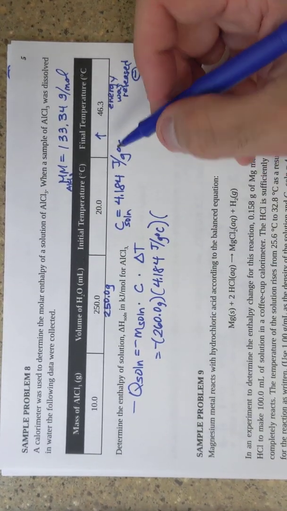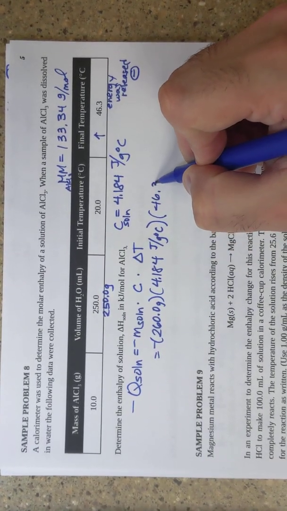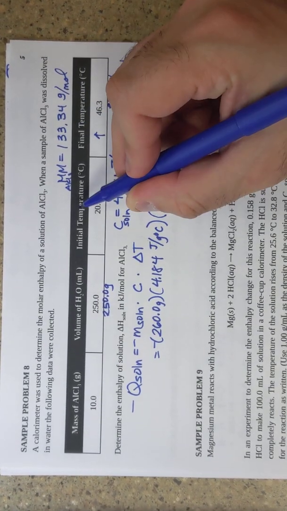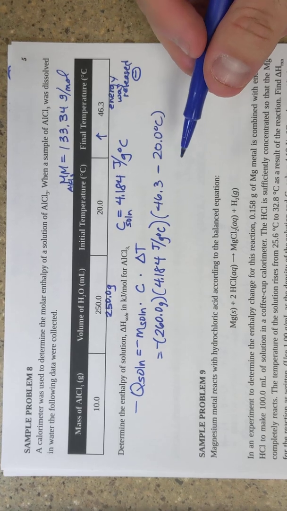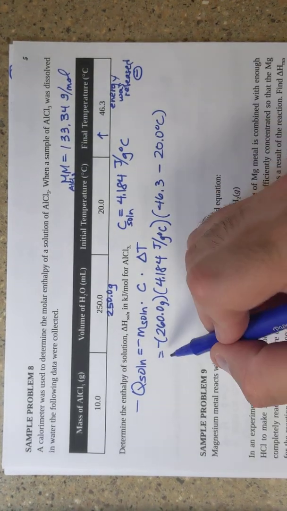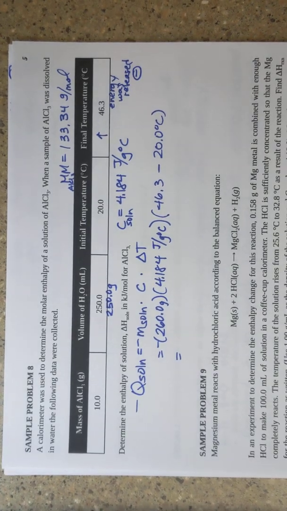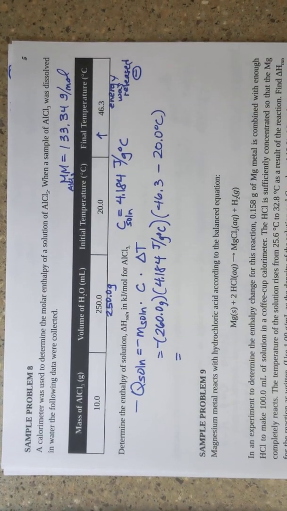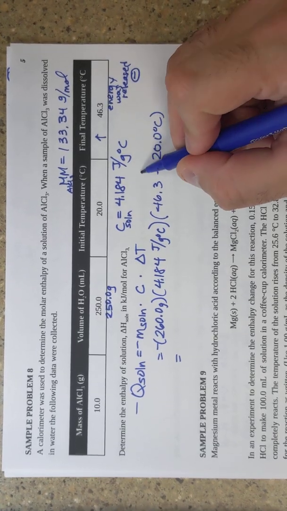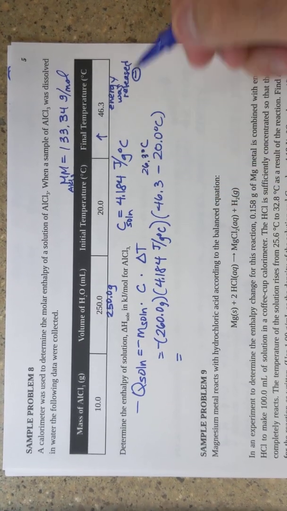And my delta T is 46.3 minus 20 degrees Celsius. Final minus initial. A lot of you didn't do that or might forget that I have to do final minus initial. So my delta T is 46.3 minus 20, that's about 26.3 degrees Celsius.